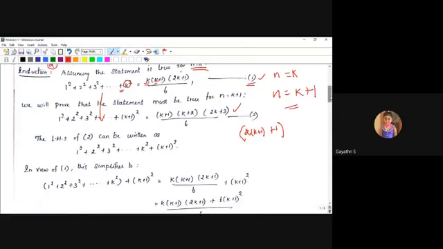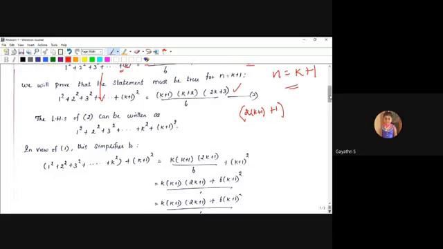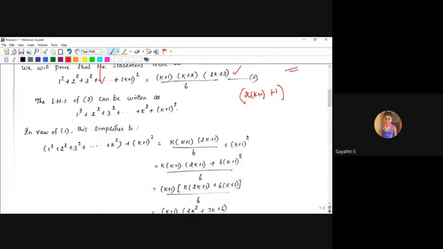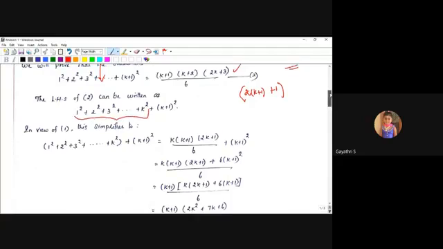So the left hand side, you will write elaborately as 1 square plus 2 square plus 3 square up to k square plus k plus 1 square, right? In the left hand side, see this part, you will substitute equation number 1.